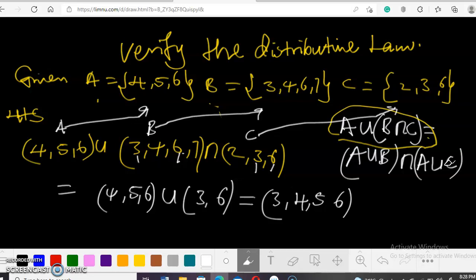And this is what we got for A union B intersection C. And this set must be equal to A union B intersection A union C. So now let's proceed to prove that we get this same answer for A union B intersection A union C.